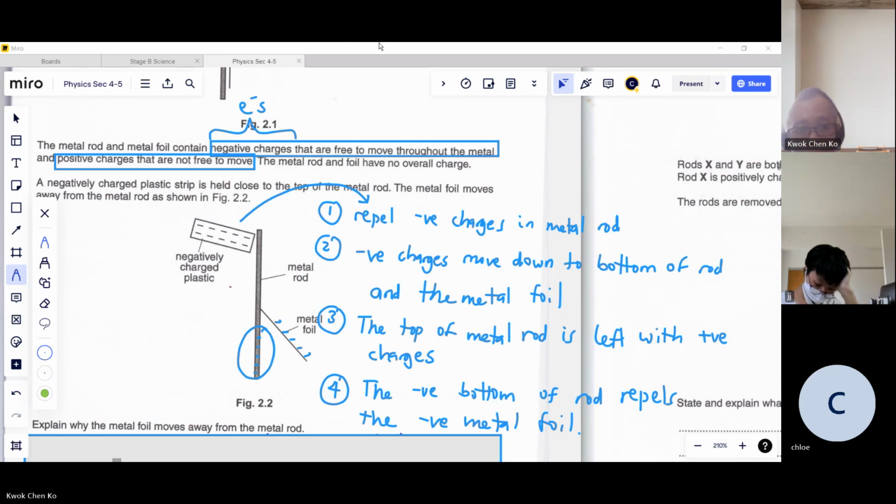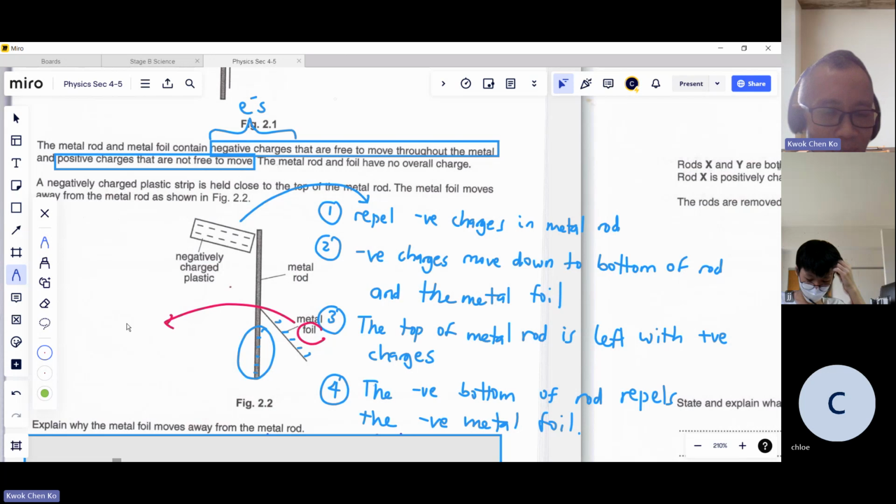Okay. Now, of course, there's no need to write this. However, make sure you realize why they even use the word foil. Foil means that it's a very light piece of metal, light and thin, and therefore it is movable.